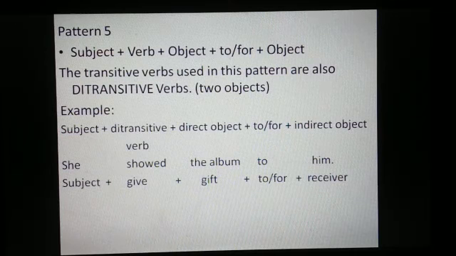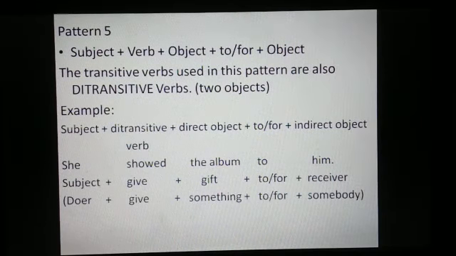Then we have the preposition to or for, and then him. Him is the indirect object or the receiver. So basically, a doer gives something to or for somebody. In this pattern, a doer, which is the subject, gives something which is the gift, the direct object, to or for somebody. Somebody is the receiver, the indirect object.